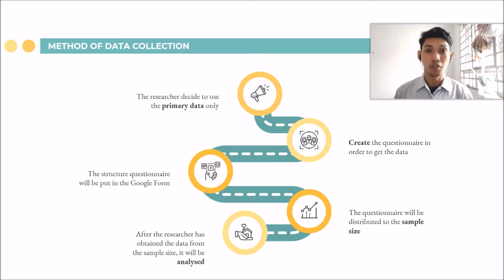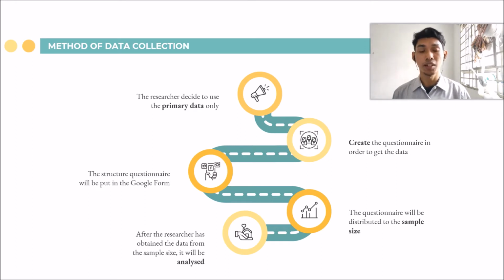The sampling method for this research that has been chosen by the researcher is simple random sampling. The researcher determined the sample size of this research by using the sample size calculator from Survey University.